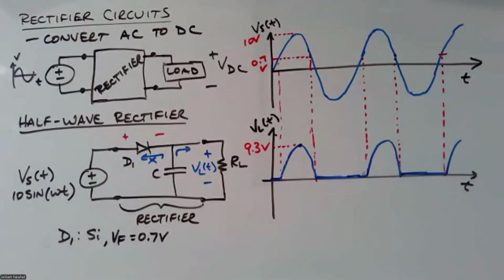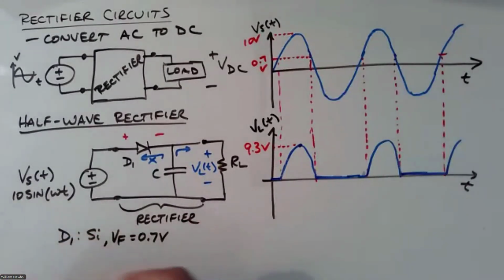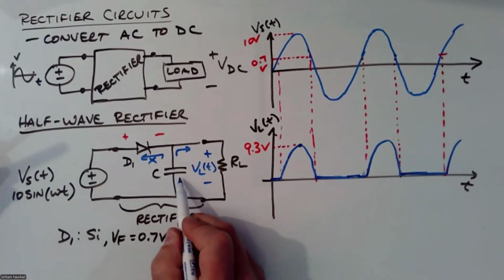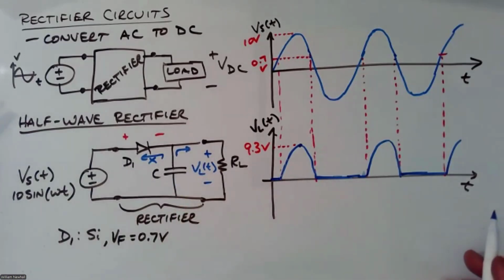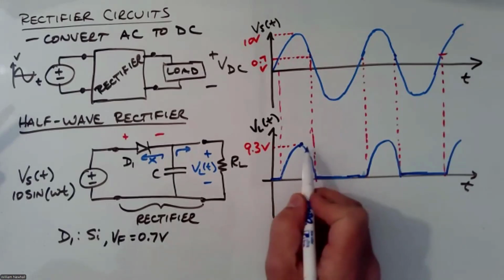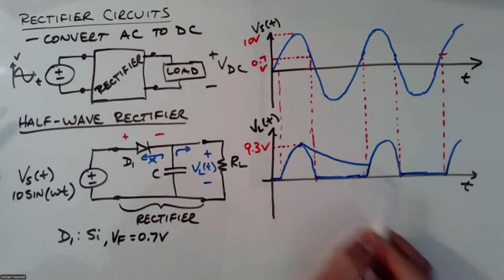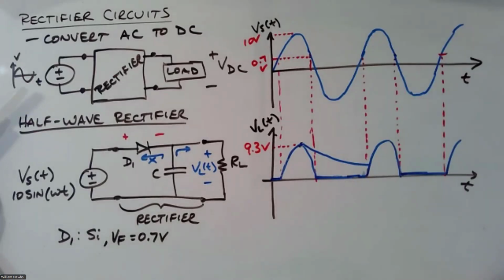And one of your homework problems when we were talking about RC circuits was, what does that voltage look like across the resistor and across the capacitor when you have a charged capacitor discharging its energy into the resistor? And the answer was, it looks exponential. And that exponential curve depends on the time constant.